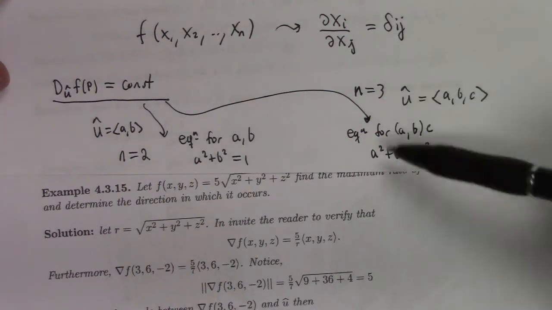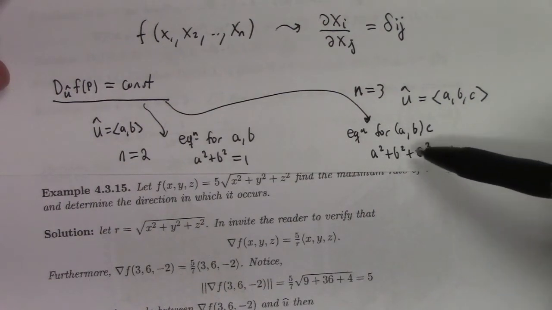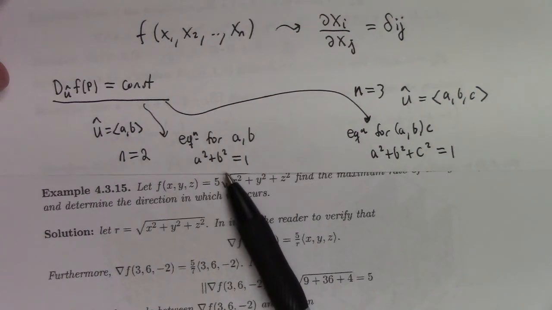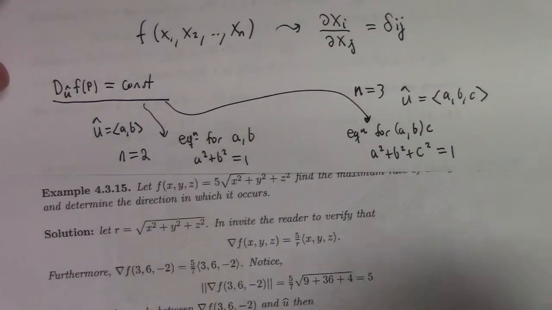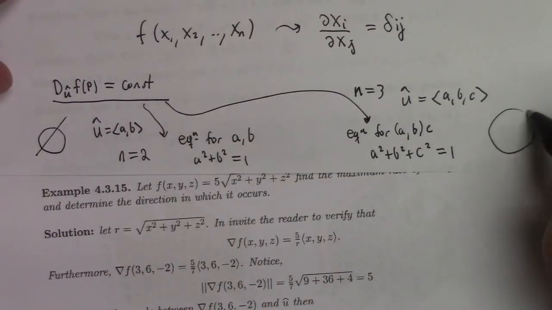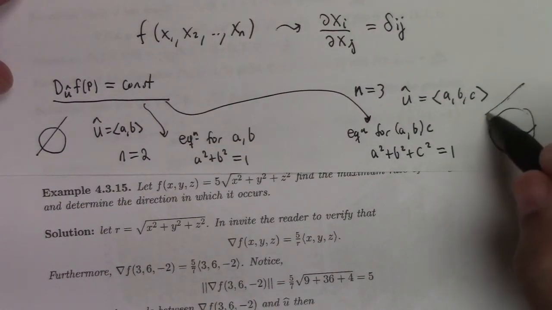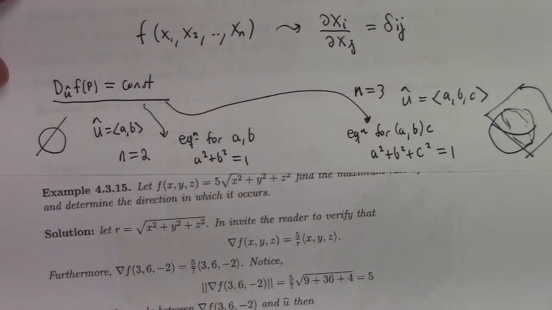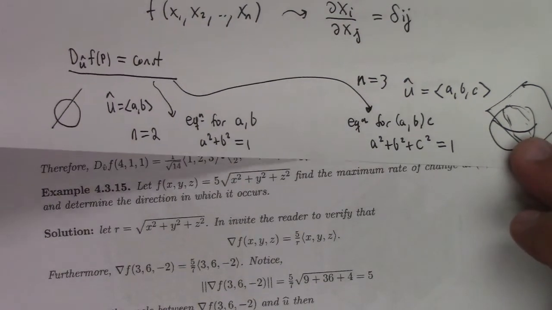So the answer here is something like the intersection of a plane with a sphere, whereas over here the answer is like a line intersecting with a circle. So line through circle, easy enough. Sphere with a plane, it's more complicated. You can do them, but you have infinitely many answers.